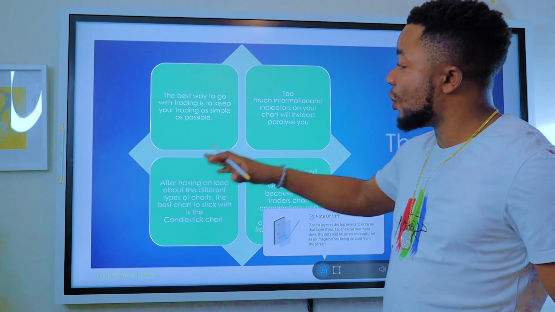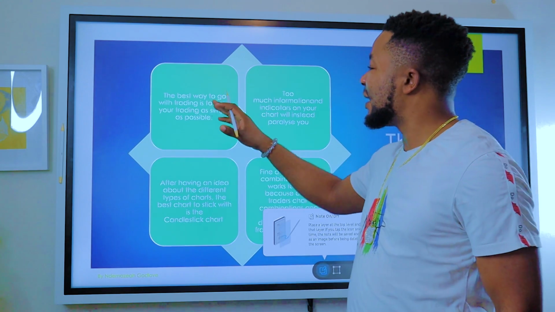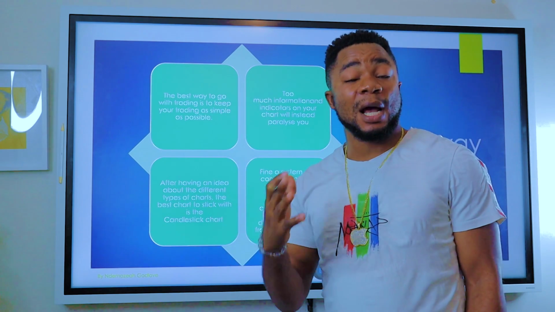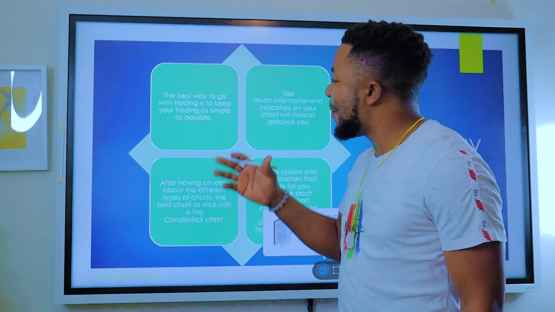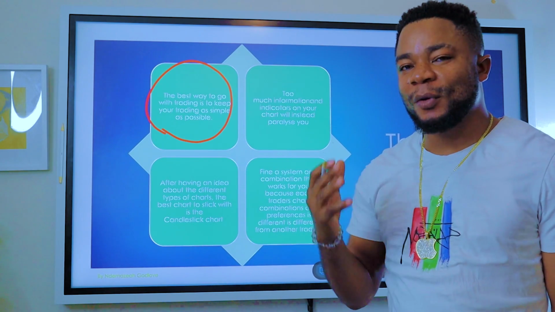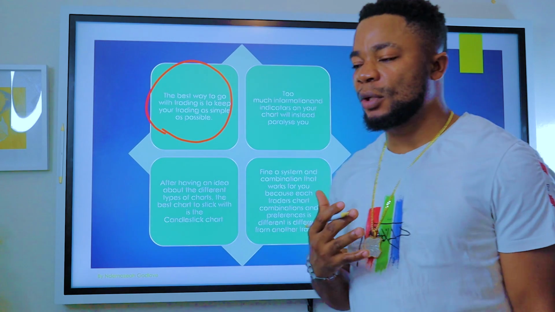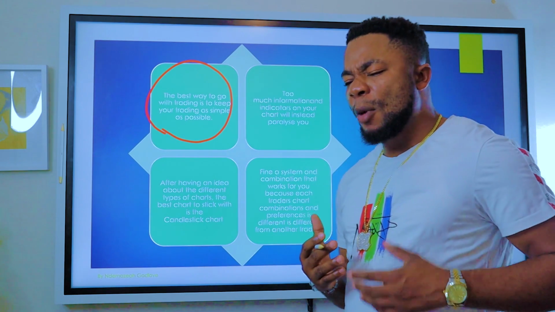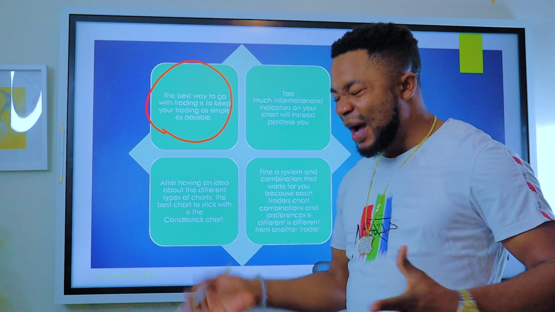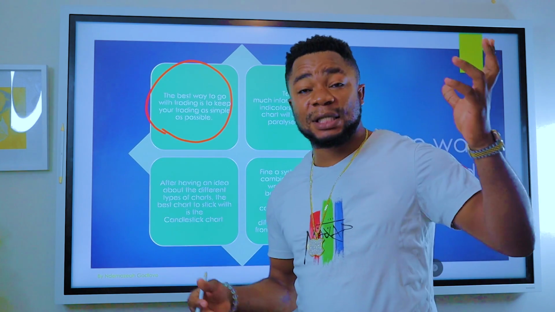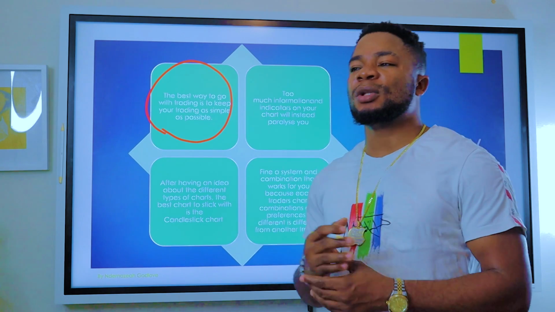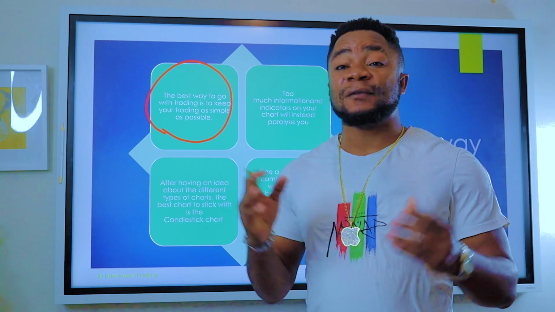When we come to the way forward, the first thing we have here says that the best way to go with trading is to keep your trading as simple as possible. This is very important, because sometimes the more information you put on your chart, the more indicators you put, the more RSI, MACD, stochastic, pivot, the more things you put on your chart as a Forex trader, it's going to lead to misinformation paralysis.